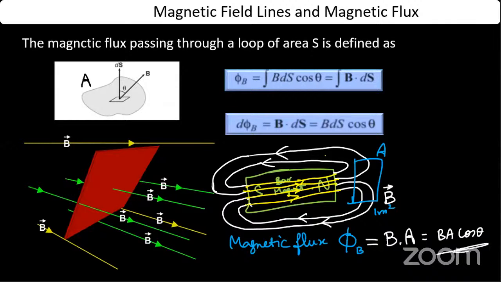Instead of A, the surface area is represented by S, the short form for surface area. If S is the surface area, then the small surface area is called ds, and the magnetic field.